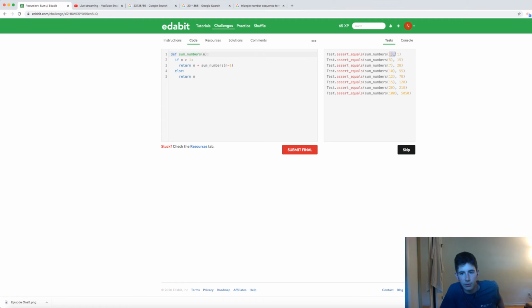So if we get an input 1, if n is greater than 1, and in this case it isn't, we return n, right? And then we get 5. Okay, so we plug in 5, and we return 5 plus some numbers n minus 1, and we put in 4, and it's greater, so you put 4 plus n minus 1, which is 3. 5, 4, 3, 2, 1. Do you guys get it?